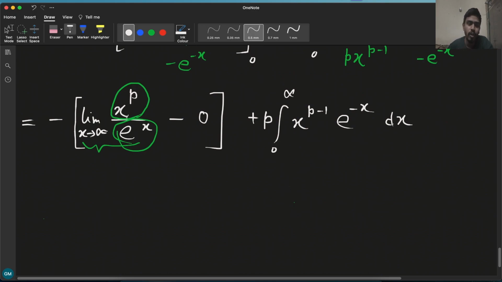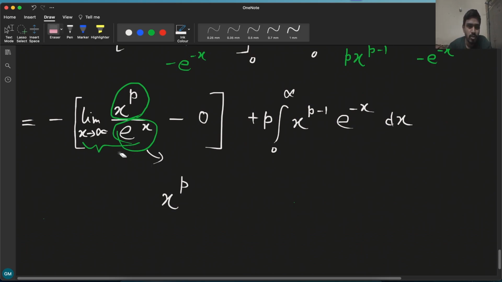If you differentiate x to the power p, p times, then it will be a constant, and if you differentiate it any more times, it will remain the same. After that, if you put in the limit, the denominator will go towards infinity, and the whole term will go towards 0.